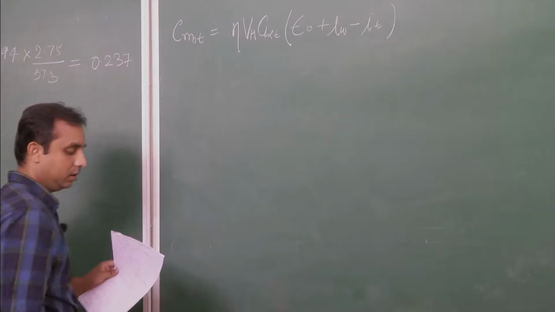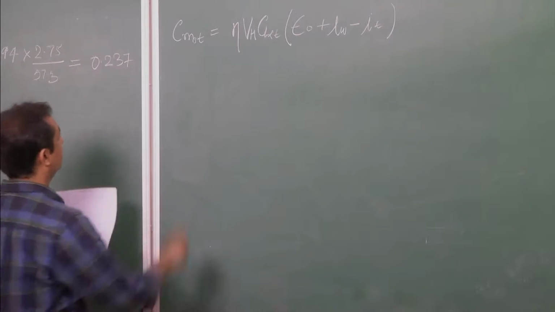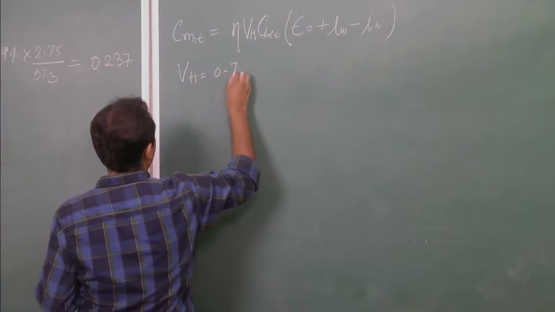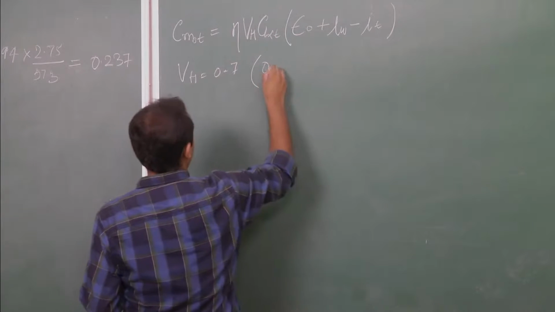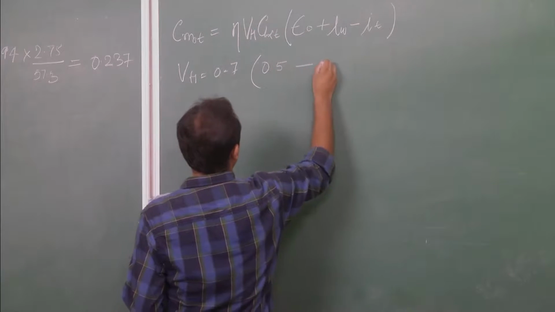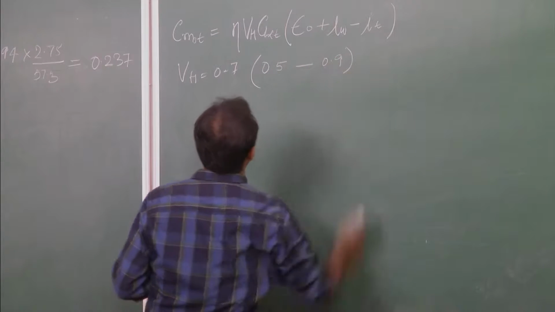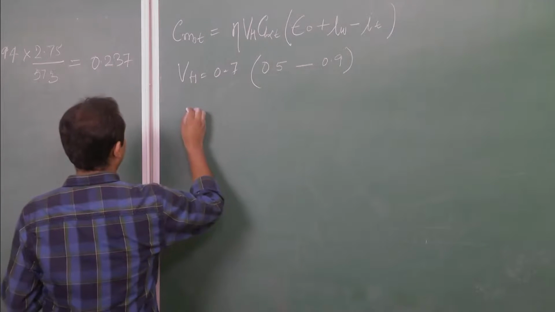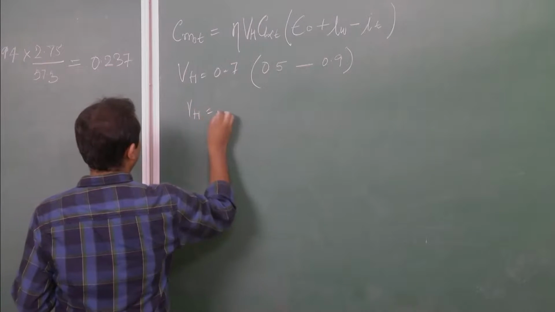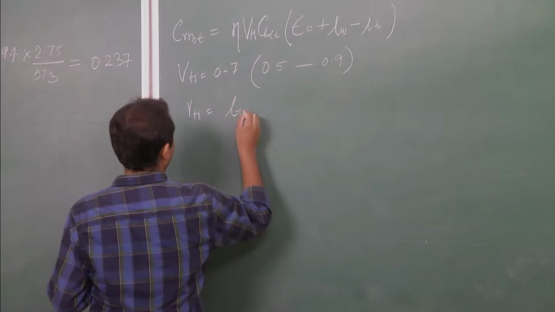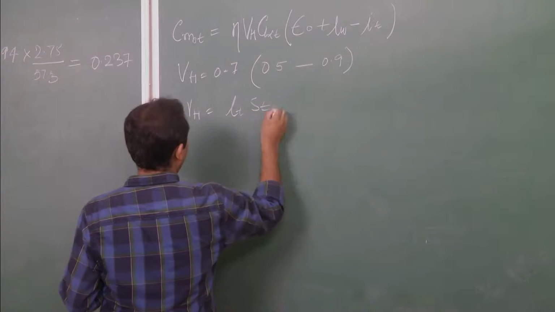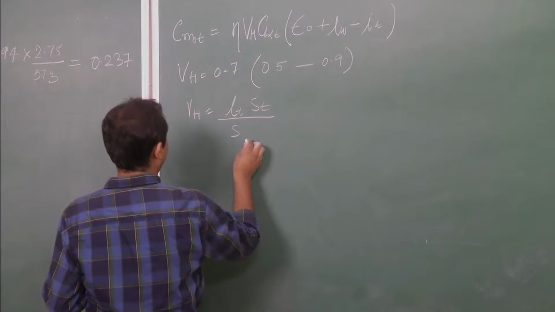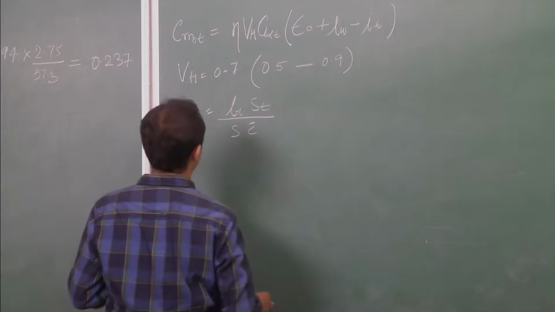For our calculations, we are taking VH equals 0.7. Typical range is 0.5 to 0.9. We are taking 0.7. So we know VH equals LT tail arm into ST, area of tail, by area of wing into C bar.